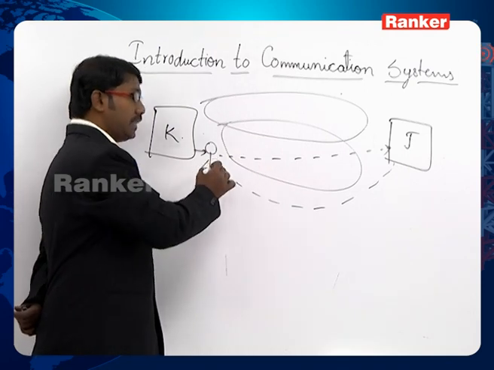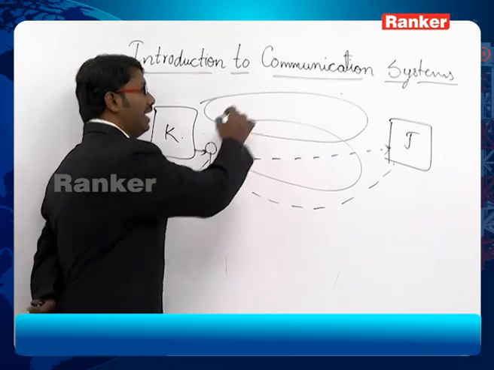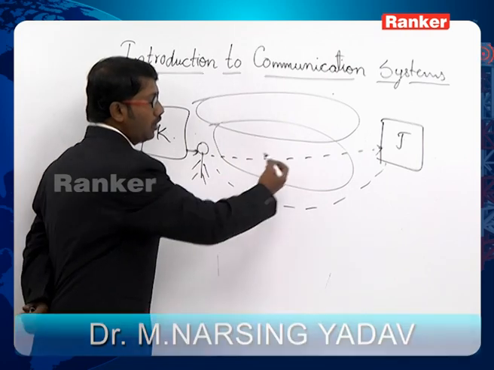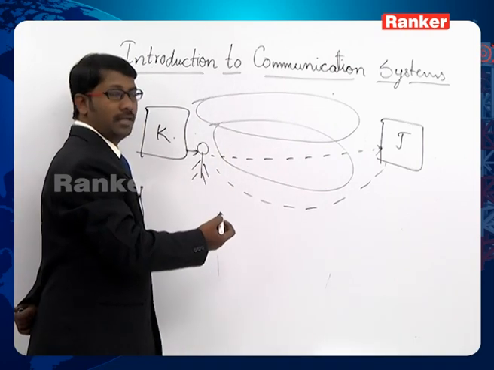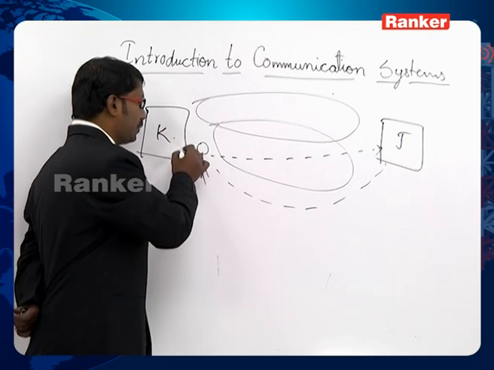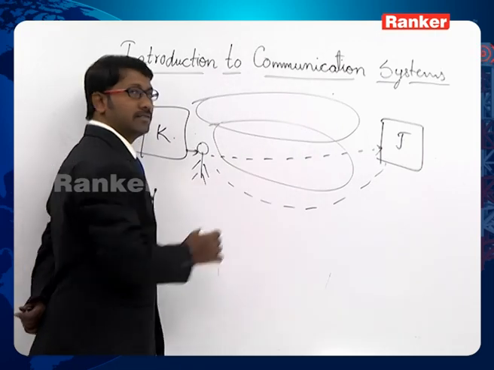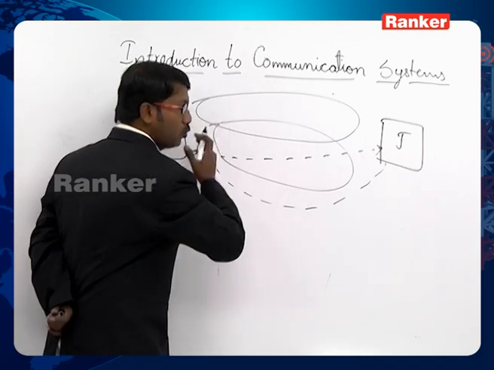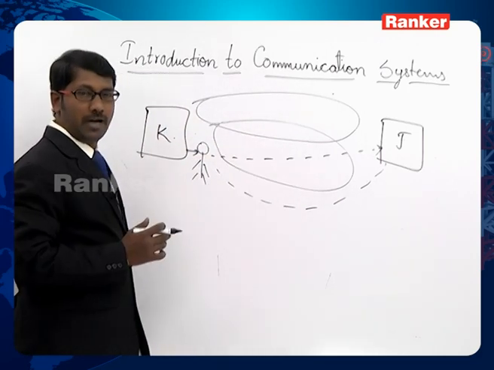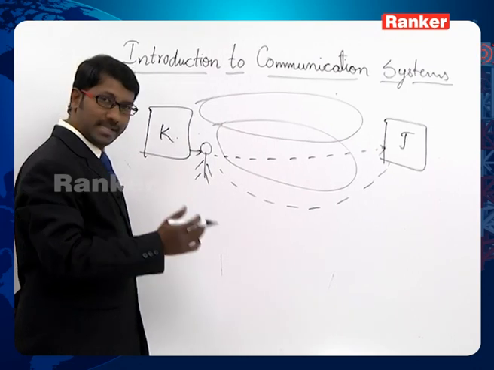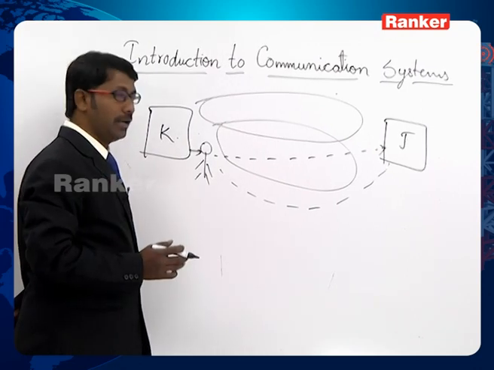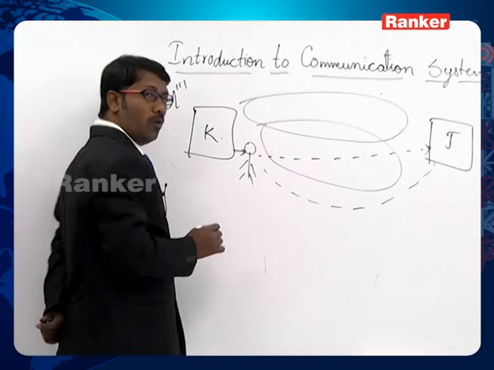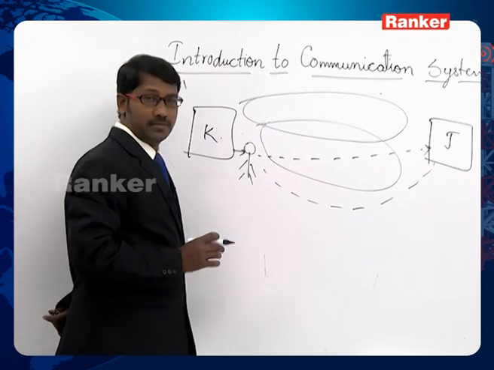But if something happens to this messenger during his propagation across all the villages, then there is no chance that this message from K reaches J. Now the two kingdoms are very far apart, and we are considering an extension to the previous situation, wherein my distance d triple dash has become far more than in the other two cases.